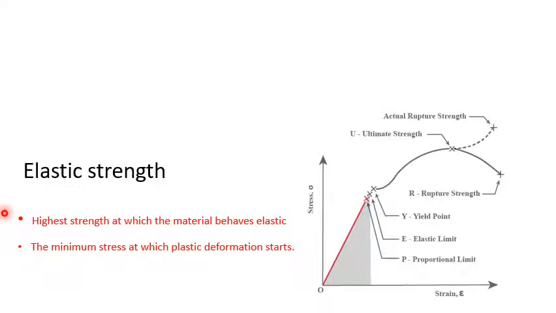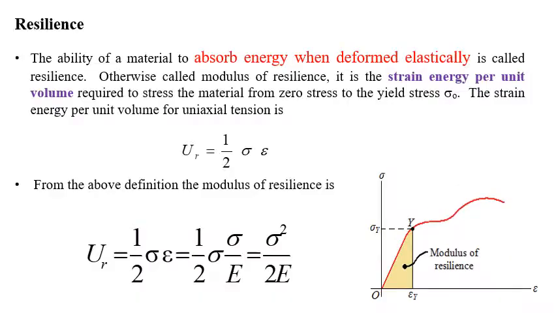The next property is elastic strength, the highest stress at which the material still behaves elastically. It is the minimum stress above which the material starts behaving plastically. Here you can see first the proportionality limit and next the elastic limit, which is the start of plastic deformation. The next one we discussed is resilience.